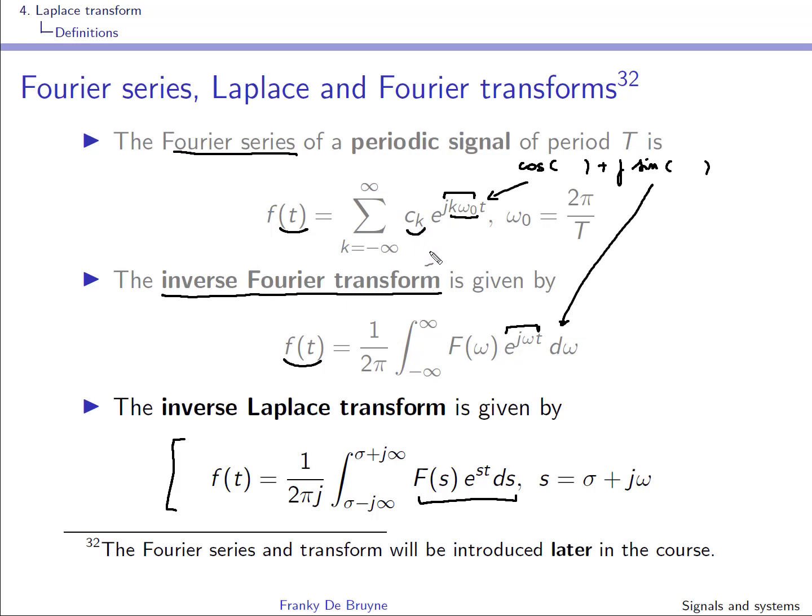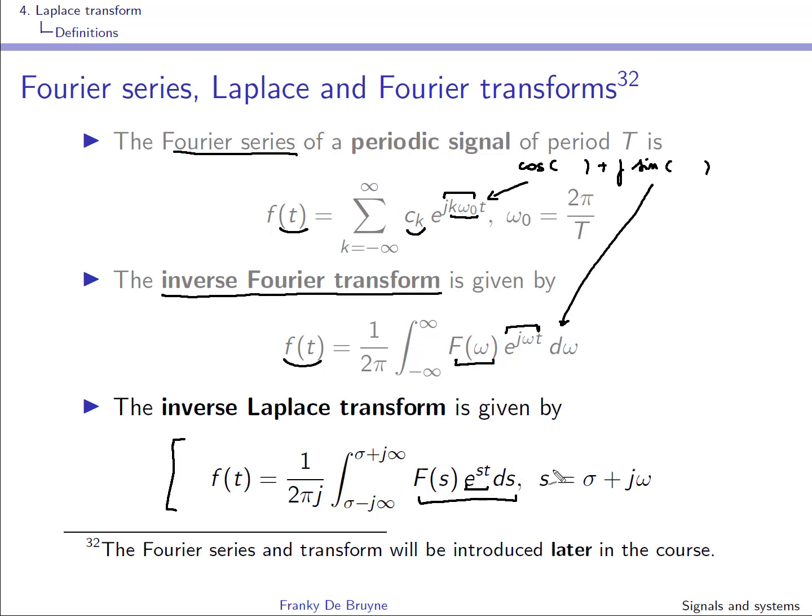The weight over here will be this coefficient, which will be the Fourier coefficient, and here in this continuum the weight is what is called the Fourier transform. Well, in the Laplace transform you do something very similar, but you decompose your function f of t as a sum of complex exponentials.